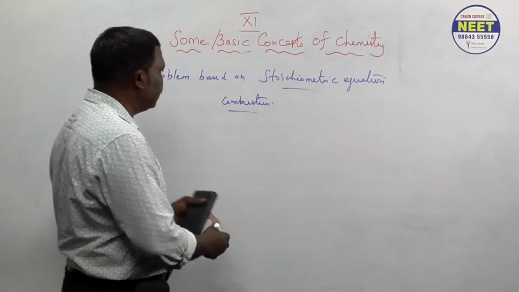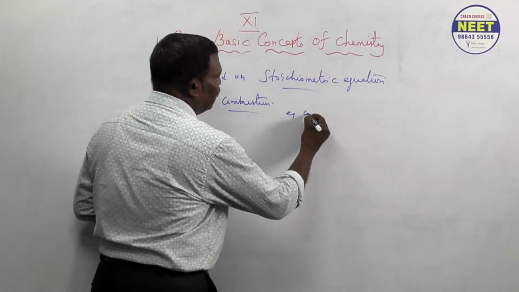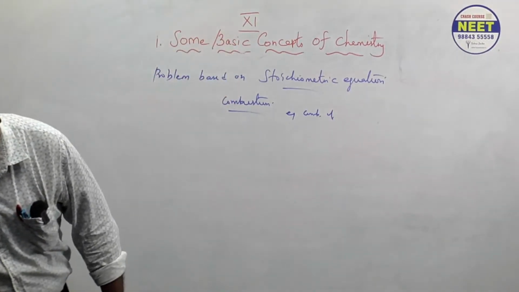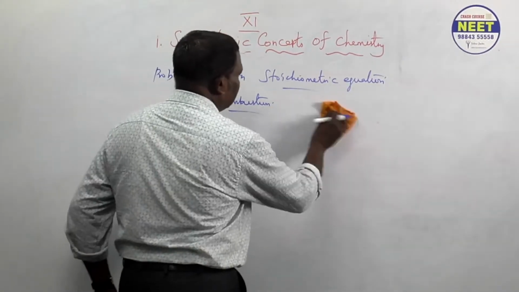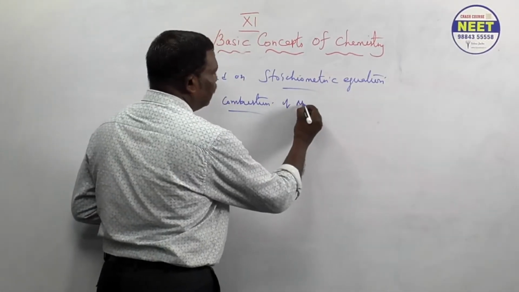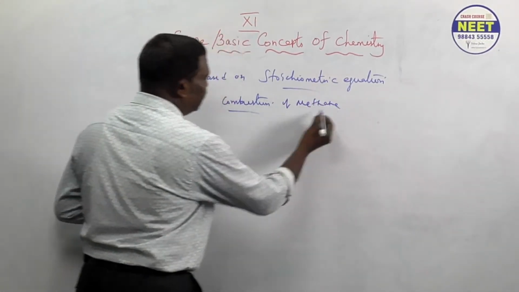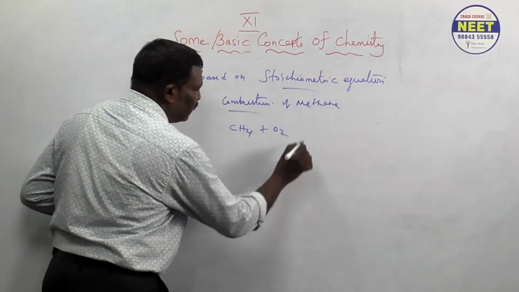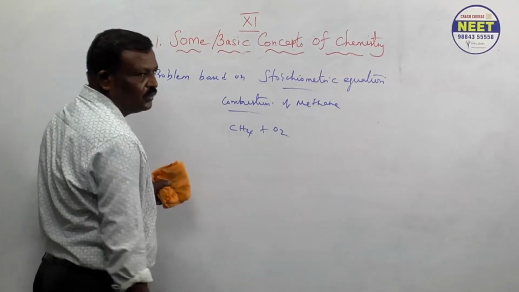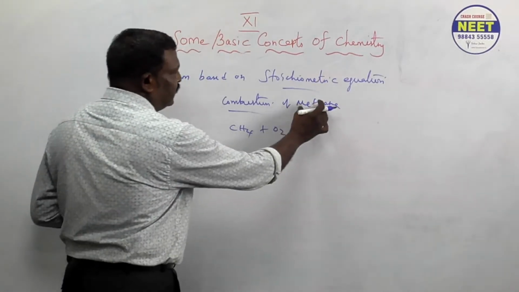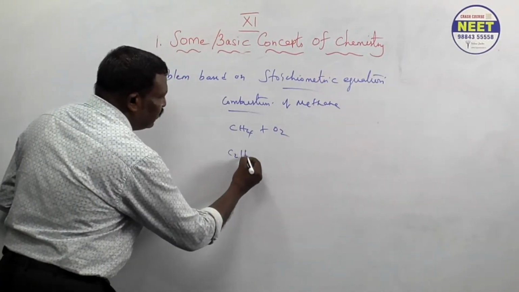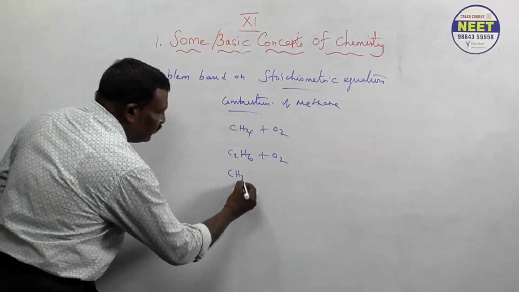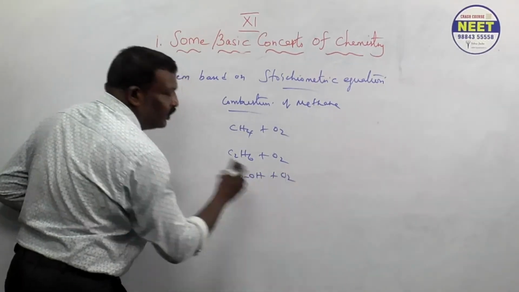For example, combustion of methane. Methane formula is CH4, plus O2. Combustion of ethane: C2H6 plus O2. Combustion of methanol: CH3OH plus O2.